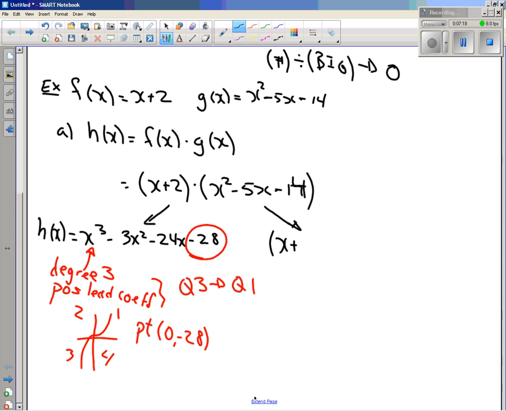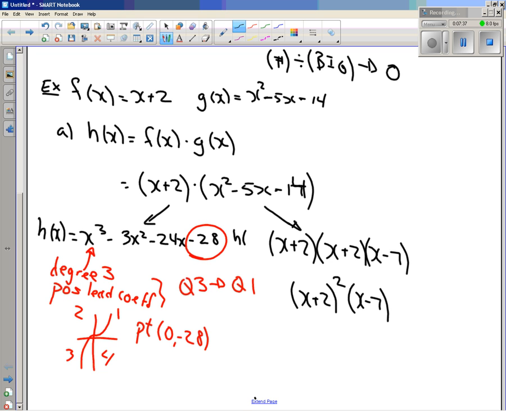So we have x plus 2 from our first term, x plus 2 from our second, and then x minus 7 from our second. Because those x plus 2's are the same, we can write those as x plus 2 squared times x minus 7. So a different way to write our function h. Writing it this way, what does it tell us?